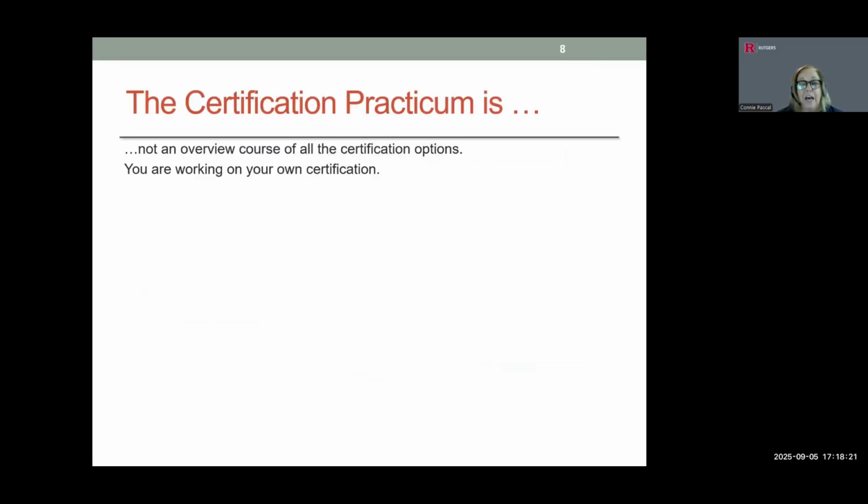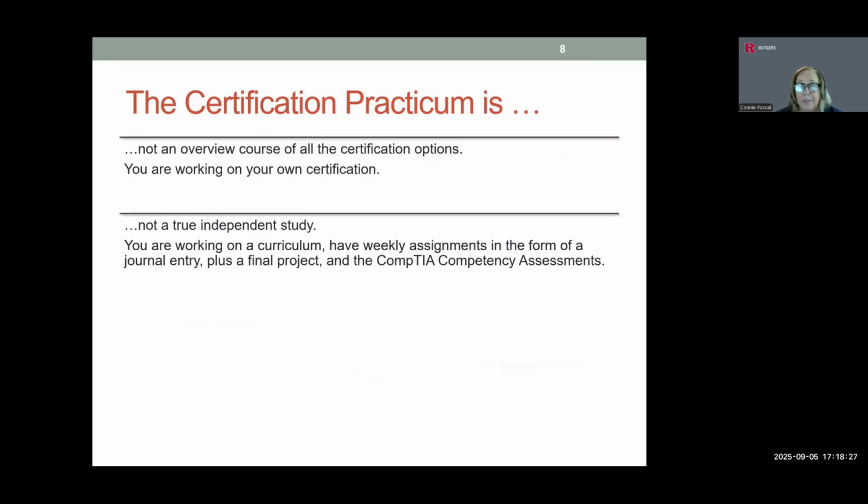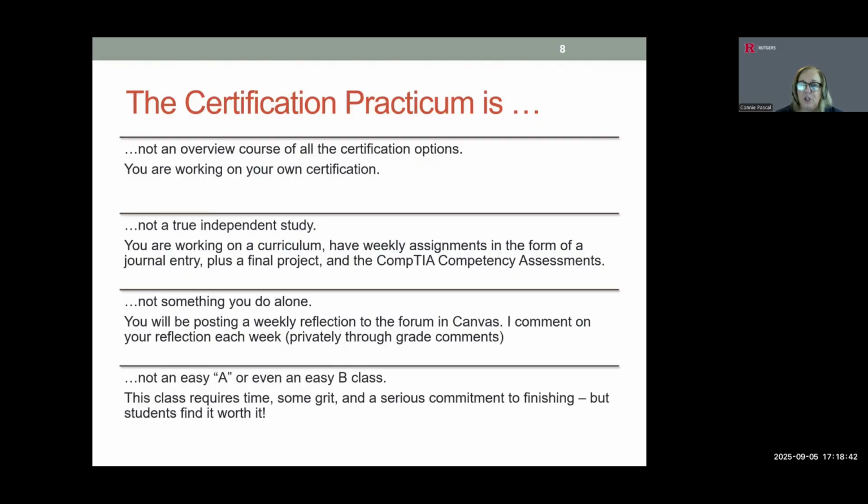So again, this is not an overview class of all the certification options. You're working on your own certification. It's not a true independent study either. This is a curriculum. There's a weekly assignment in the form of a journal entry, plus there's a final project, and of course the competency assessments. It's not something you do alone.